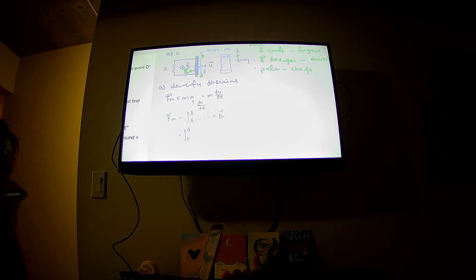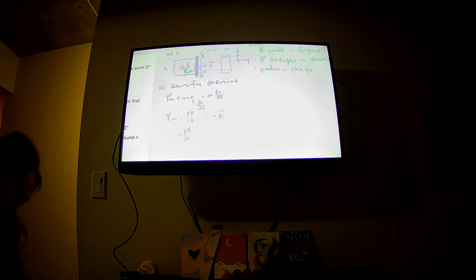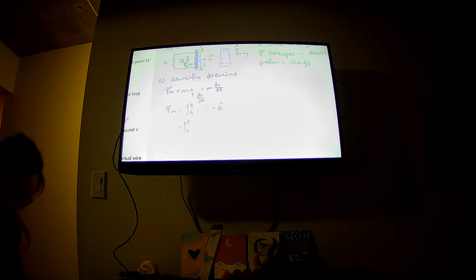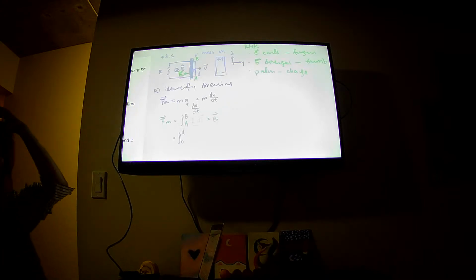All right, so you're integrating from 0 to D in terms of your z-axis. And then what do you put for I? For I, you define it. You basically have to find some explanation to put into your line integral.